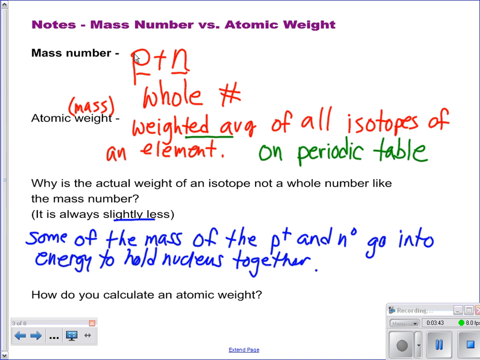Some of the mass of the protons and neutrons goes into the energy to hold the nucleus together. Again, we really expect this. Well, this needs to happen because you've got all of these positives in your nucleus and they repel one another. So eventually we're going to talk a little bit about this. We are doing a slight conversion of mass into energy.